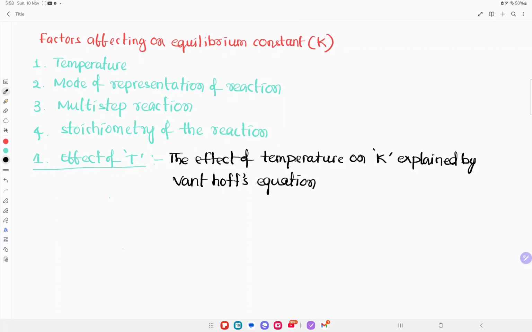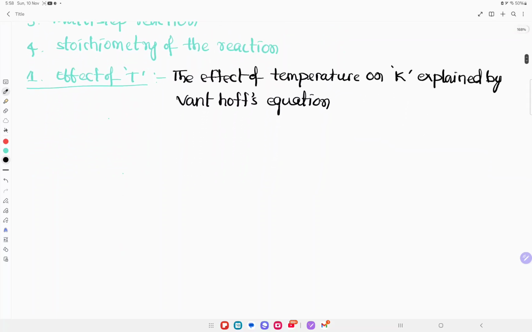What is the van't Hoff equation? Log K2 by K1 is equal to delta H, the enthalpy change of the reaction, by 2.303 R, where R is the universal gas constant, into 1 by T1 minus 1 by T2.